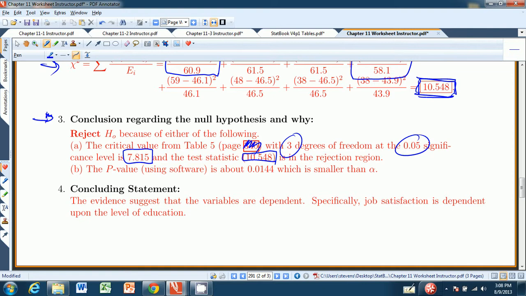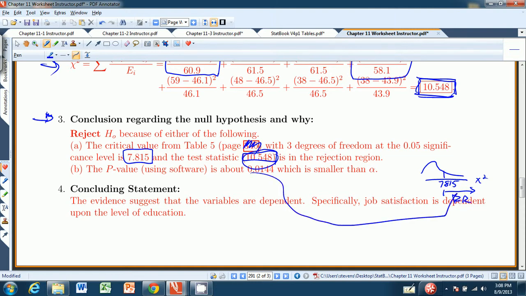And when I say that's in the rejection region, what I mean is if we were to draw the chi-squared distribution, chi-squared, the critical value is 7.815. The rejection region is everything to the right. And our test statistic, 10.548, is in the rejection region. Right?